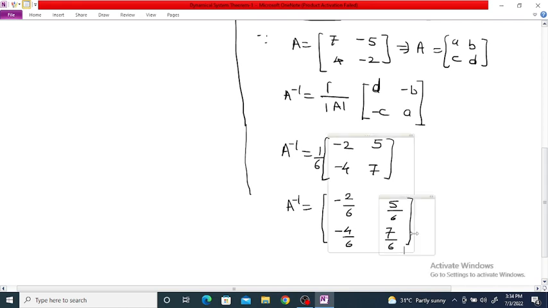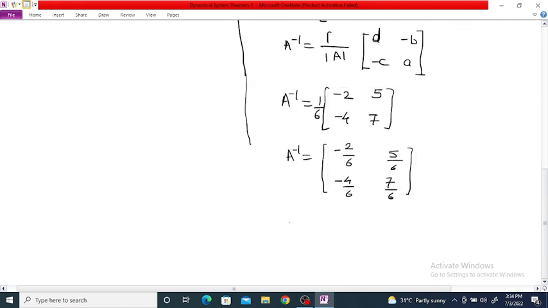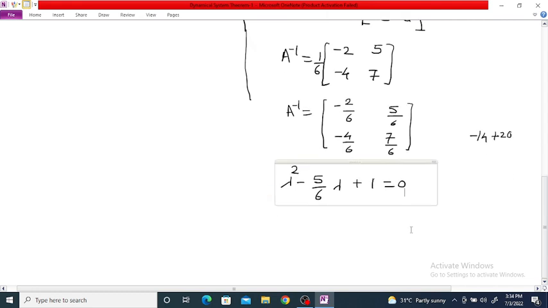So its characteristic equation is again lambda square minus trace of A inverse, so minus 2 plus 7, it is equal to 5 by 6 lambda. And what is the determinant here?